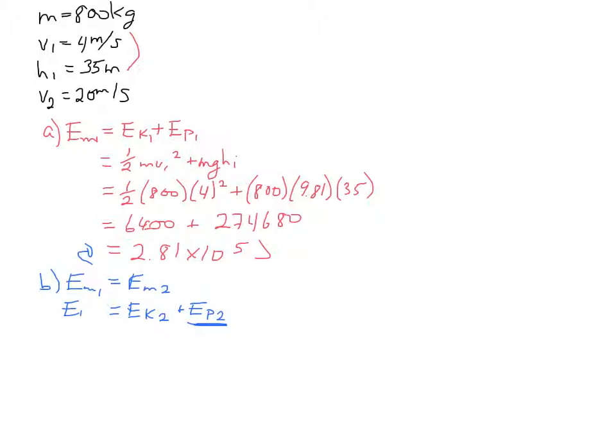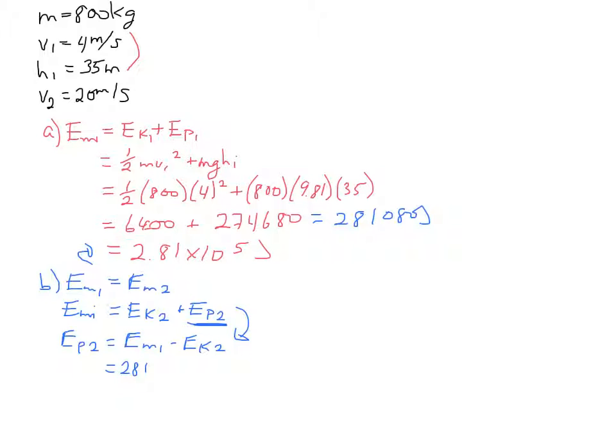If I rearrange my formula here, I can say that my EP2 is going to be equal to my EM1 minus my EK2. That's the same thing, just rearranged. From my above question, what these two numbers actually equaled was 281,080 joules, so I can put that in for my mechanical energy 1.